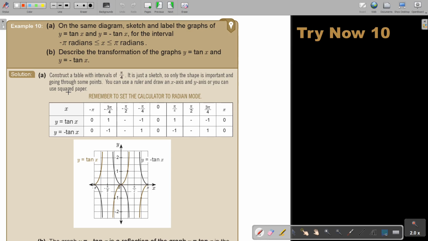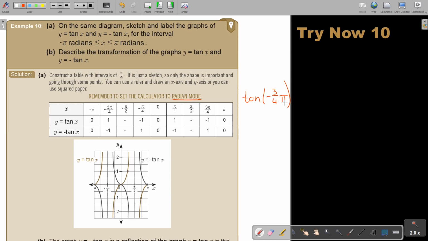Okay, now first we're going to write. So every quarter, so if I start at negative pi, then negative 3/4 pi, then negative a half, negative a quarter, 0, a quarter, a half, 3/4 pi. Now, don't forget that you have to set your calculator to radian mode. So just go and say tan of negative 3/4 pi.